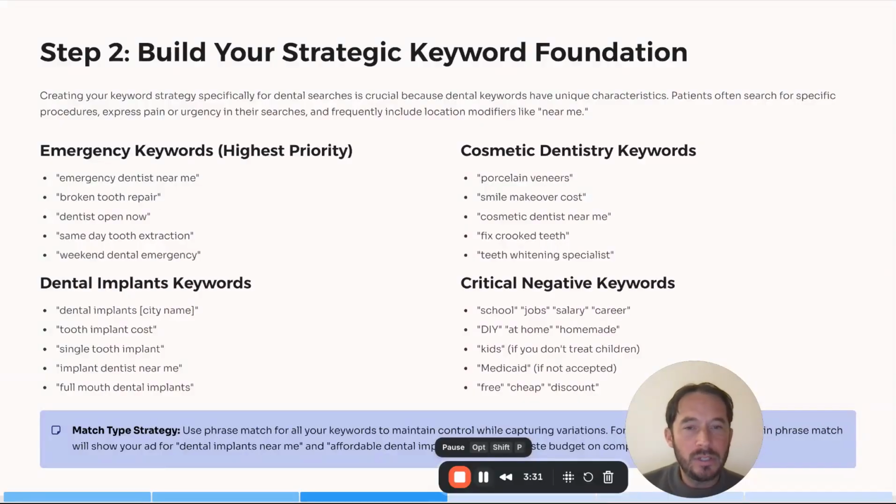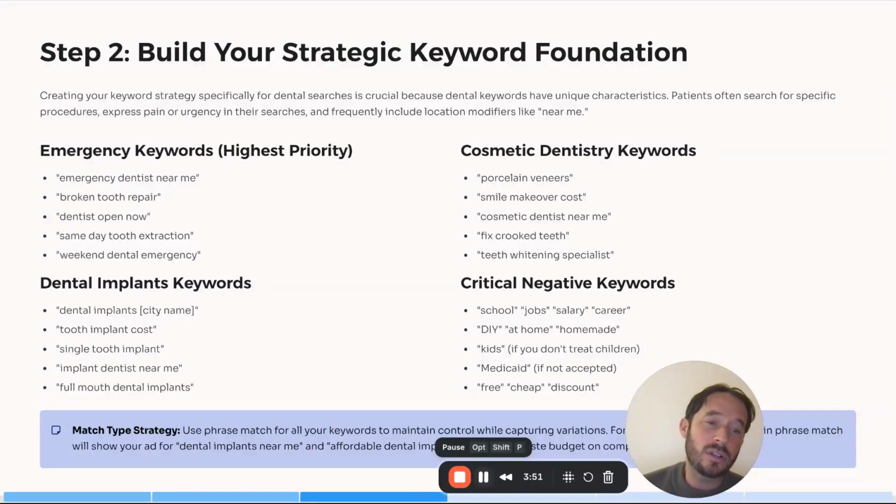And then finally, having this negative keyword item and really building your keyword foundation with the negative keywords is going to be really valuable. It's going to stop you receiving irrelevant traffic to your campaign that's going to burn your budget. So here, just ensure that you're building that negative keyword list on a regular basis.